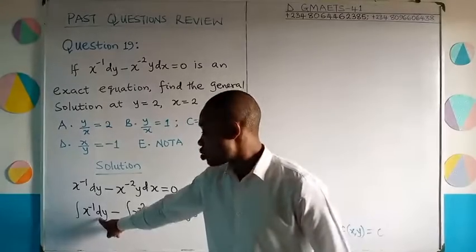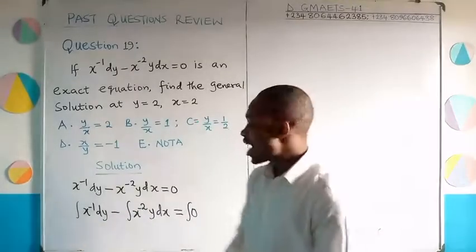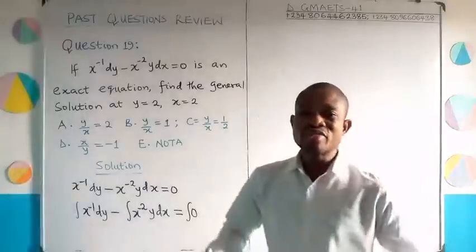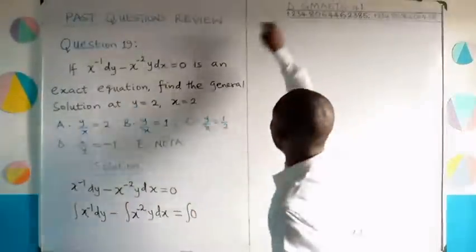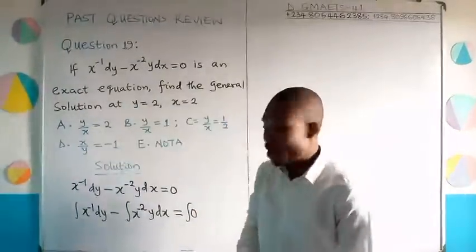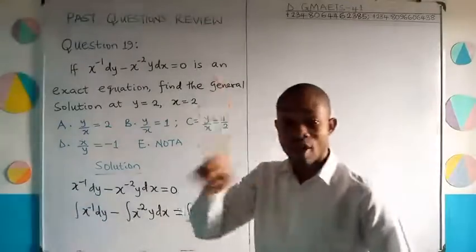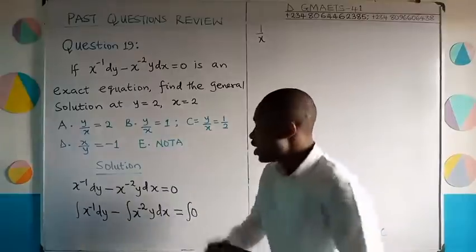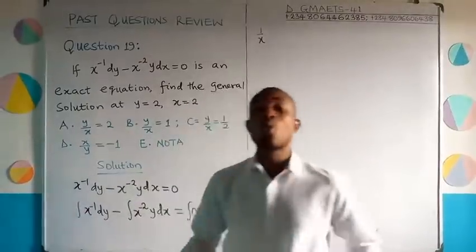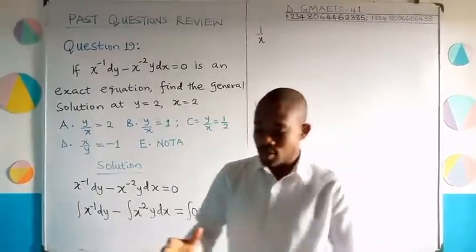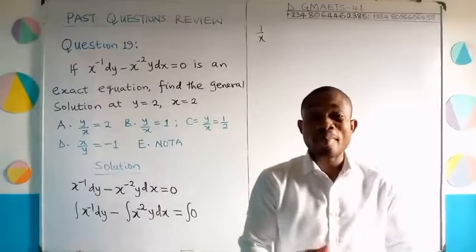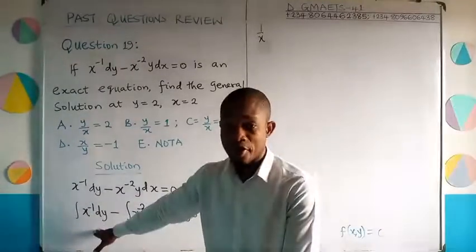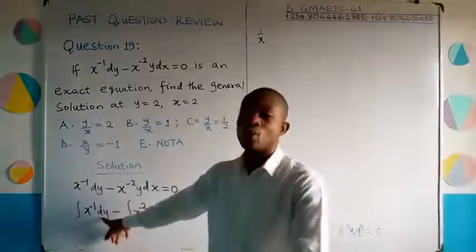We are integrating this with respect to what? y. So that x raised to the power minus 1 would remain as a constant. It simply means that, remember, x raised to the power minus 1 is the same as 1 over x. Permit me to change it to that: 1 over x. And then we are integrating here with respect to y. Since 1 over x, or x raised to the power minus 1, is taken as a constant here, because the integral is with respect to what? y.